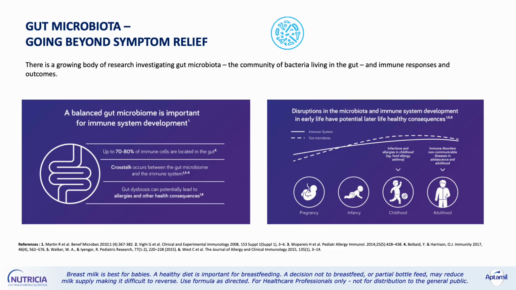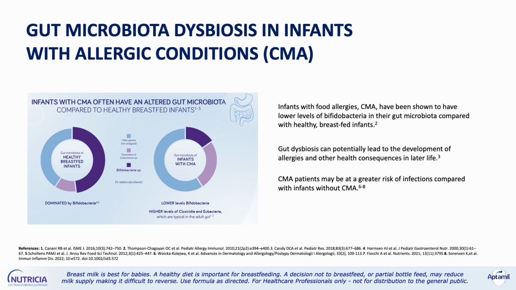There is increasing evidence linking gut microbiota composition with immune development and allergic disease. Early life nutrition plays a critical role in shaping the gut microbiome and immune responses. Infants with cow's milk allergy often have an altered gut microbiome with lowered levels of beneficial bifidobacteria and higher levels of harmful bacteria such as Clostridium in their gut compared to healthy breastfed infants.